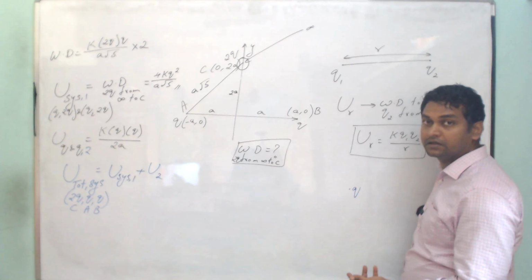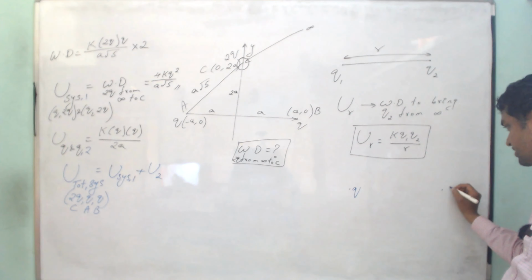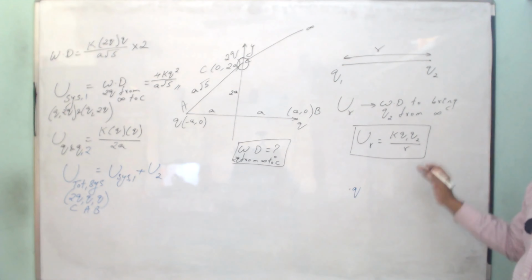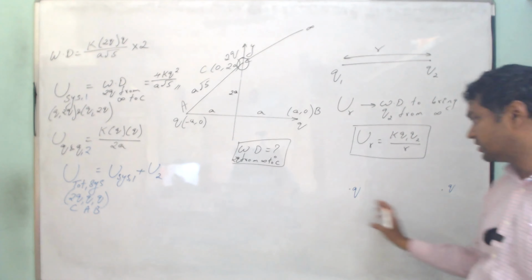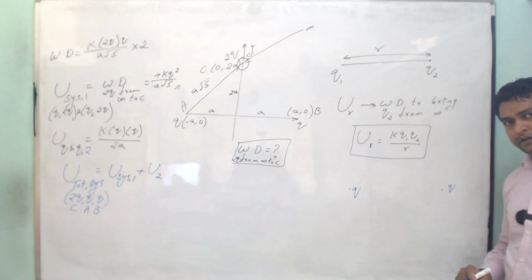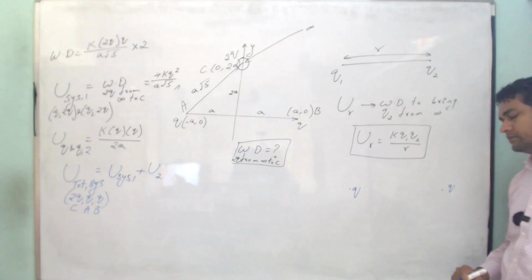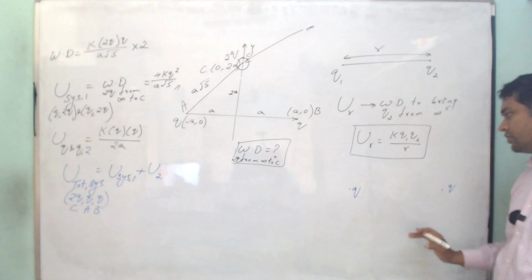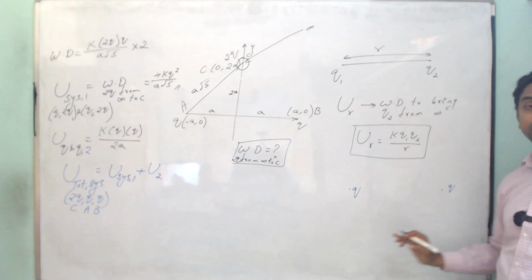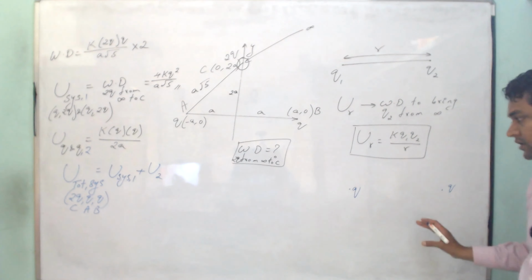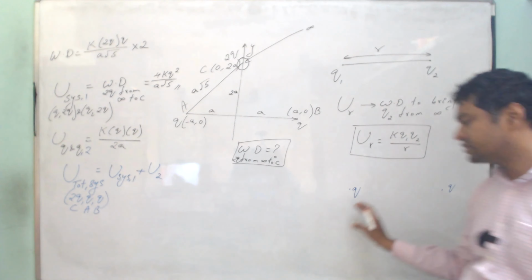But when you already have a point charge and now I am bringing another point charge Q from infinity to this point, I have to work against the electrostatic force. So now the potential energy of a system of charges comes into play, but the potential energy of a single charge has no meaning.